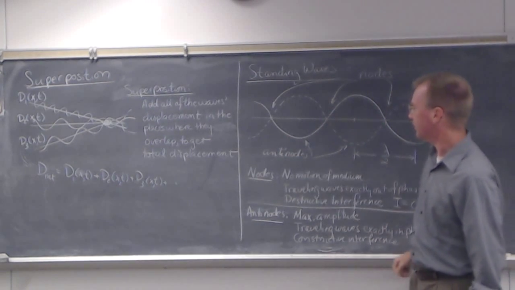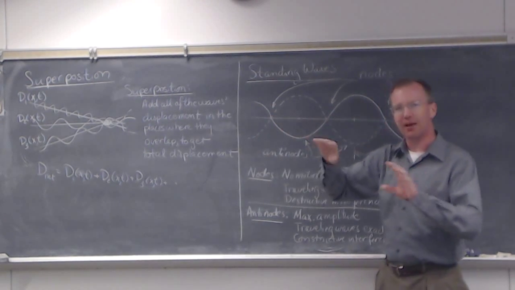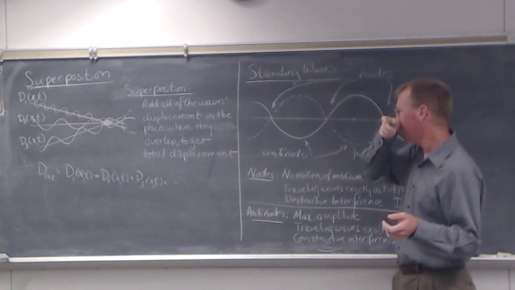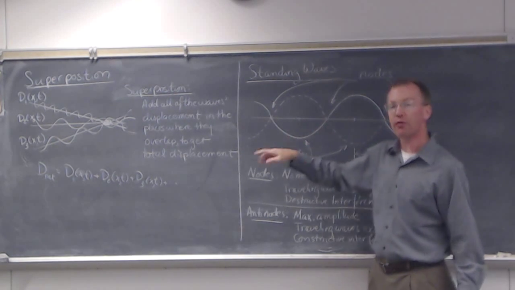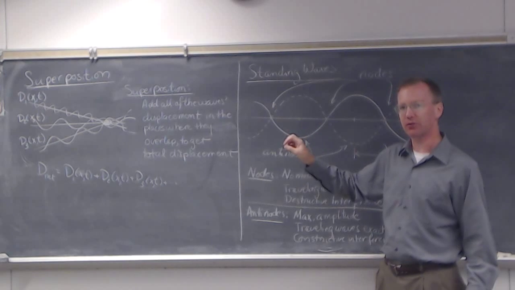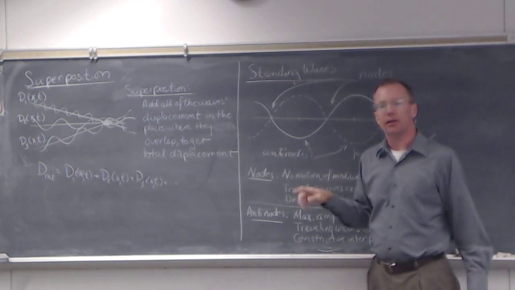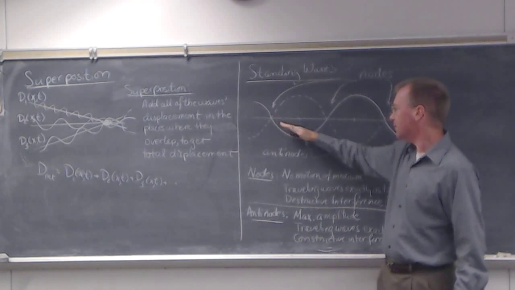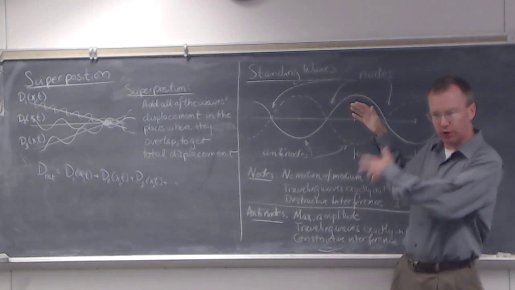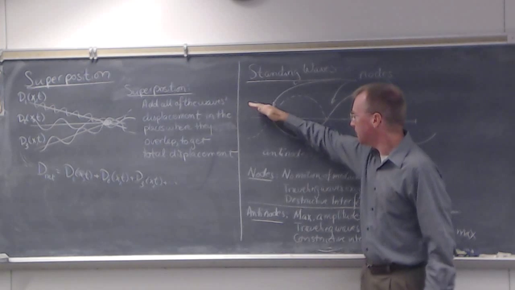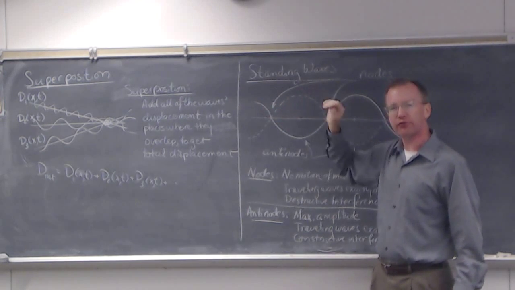What it looks like is this. Now, I've had to draw this lacking colored chalk. I've got a solid line for what the total displacement looks like at one moment in time. Let's say that it's where they add up in such a way, you get a new wave here. And that's the start of our clock.